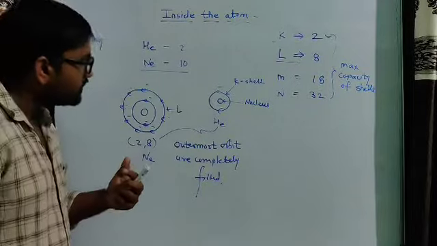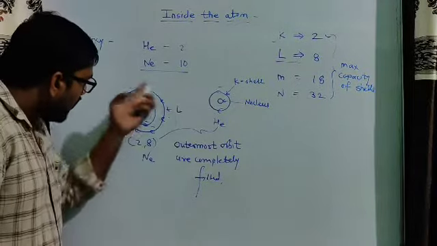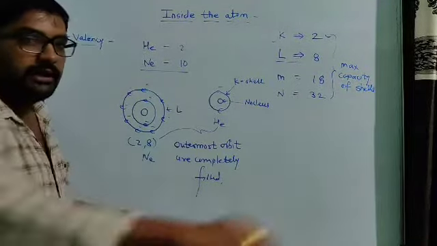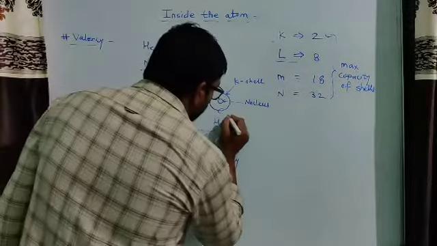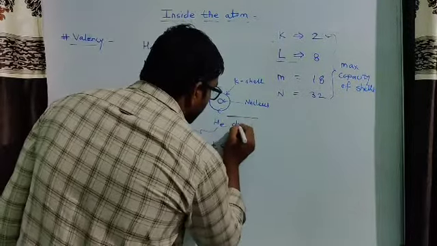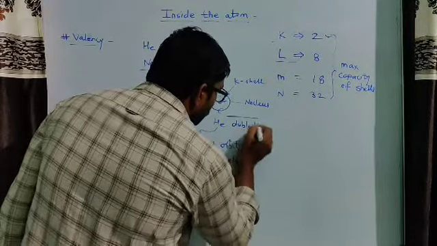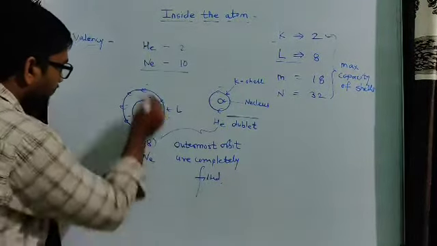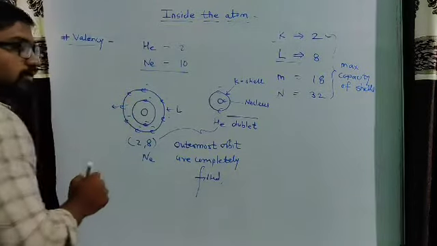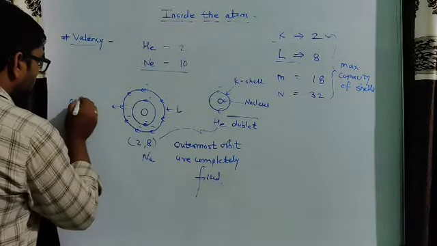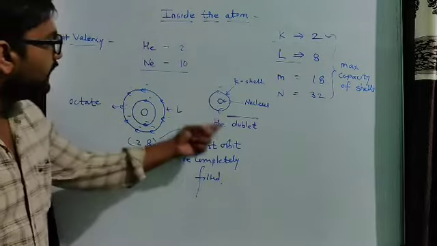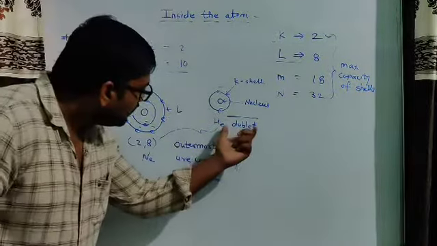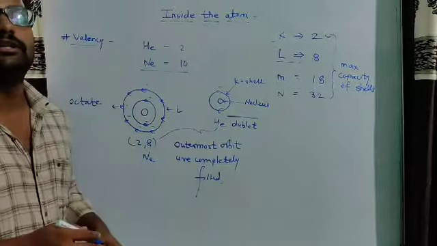In helium's outermost orbit two electrons are there, so such an orbit is a complete doublet, and with 8 electrons it is an octet. In helium, the doublet is complete.